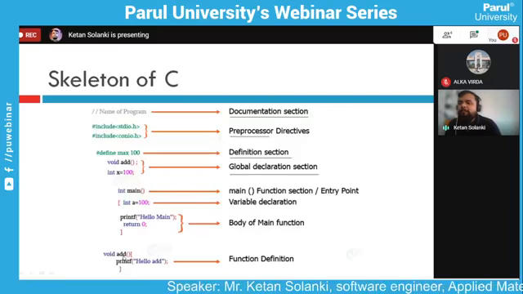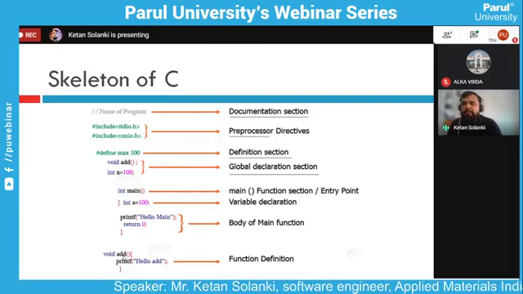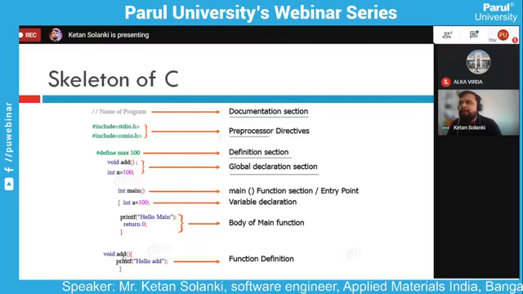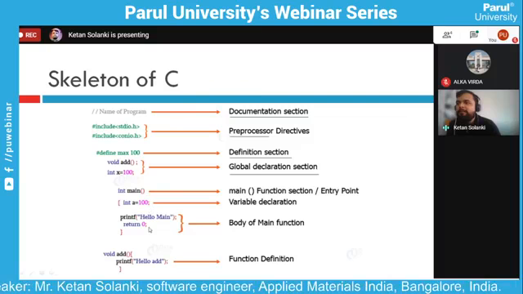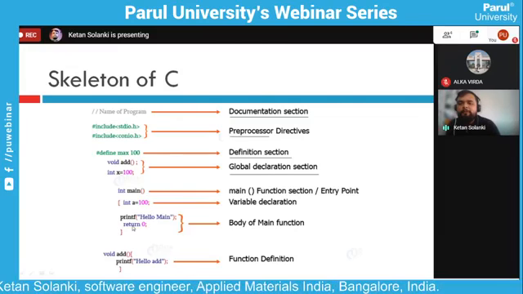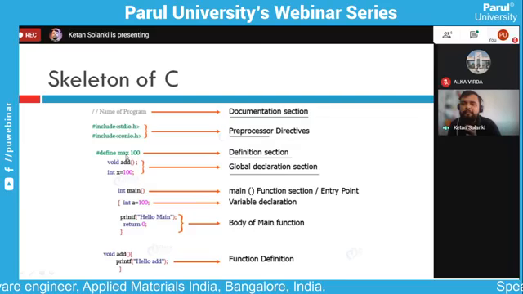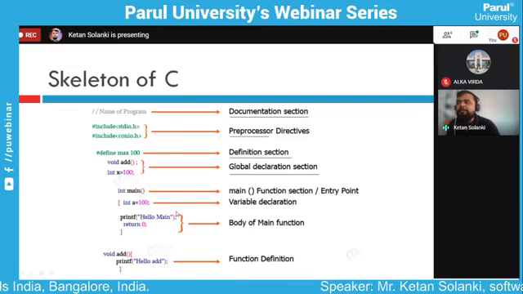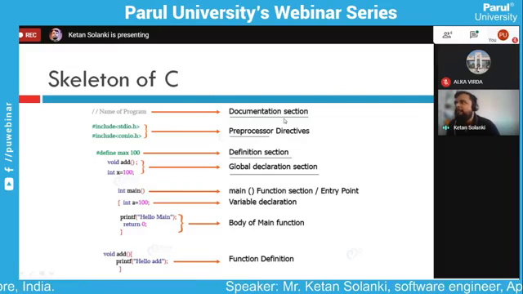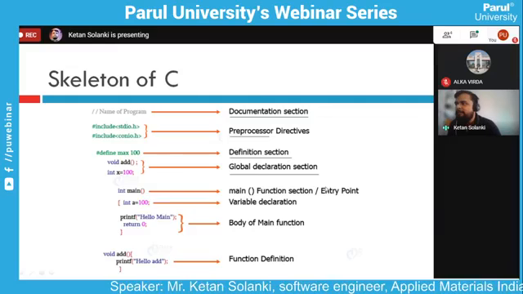How C is the base of all programming languages is that C is the easiest one to learn, and it is also nearer to our machine level language. So directly we can draft our C program and identify how it communicates with the machine. The structure of a C program is: a documentation section, then preprocessor directives, a definition section, and a global declaration section.